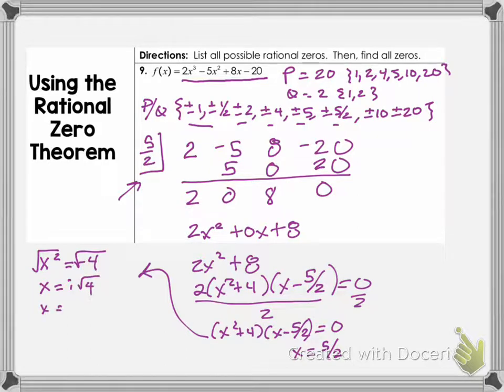So x equals, it's plus or minus, by the way, plus or minus 2i. So my answers are plus or minus 2i and 5/2. There we go. Okay, good. So we sort of used the rational zero theorem, but I kind of told you the answer.